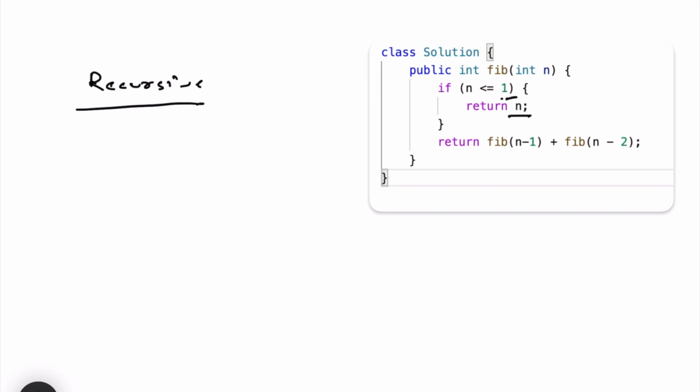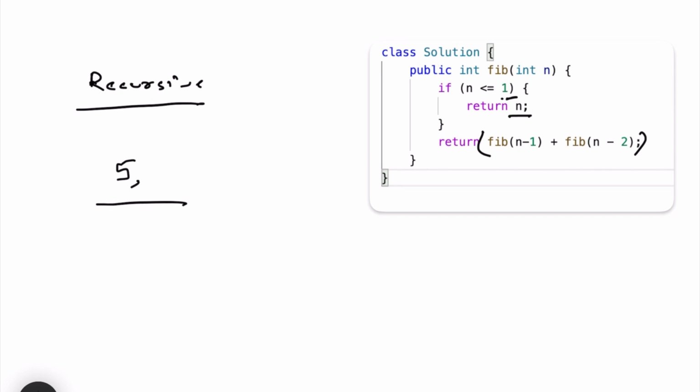Else, we calculate the sum of Fibonacci of n minus 1 plus Fibonacci of n minus 2, so it calls the function itself. Suppose for 5, it will first call for 4 and 3, and then compute the total value.